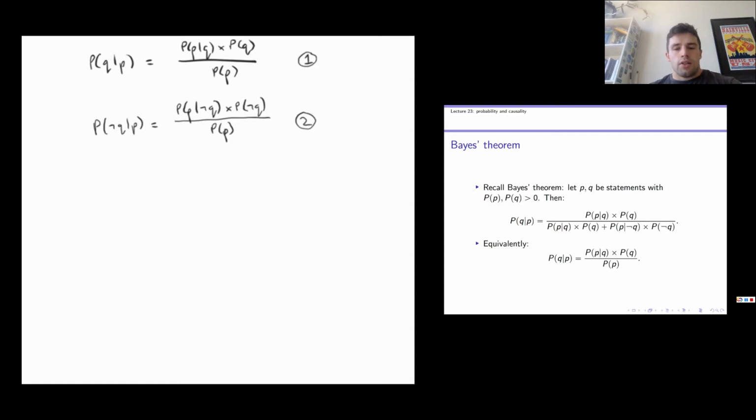Now let's consider the ratio of the left-hand sides of equations 1 and 2. And all I mean by ratio is it's the left-hand side of equation 1 divided by the left-hand side of equation 2.